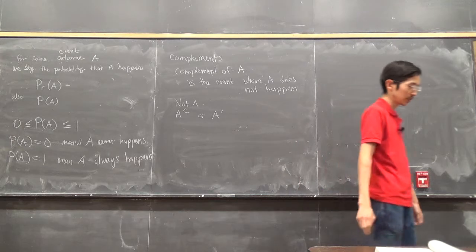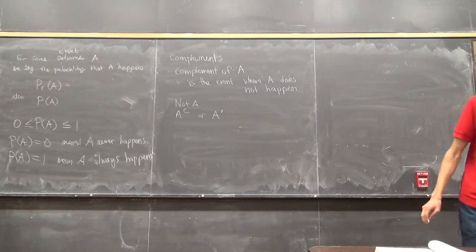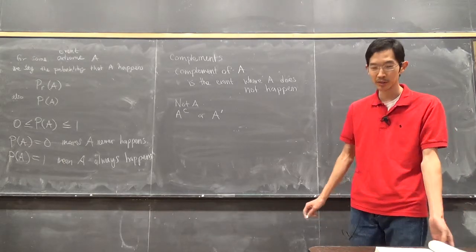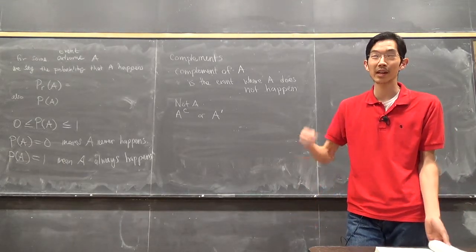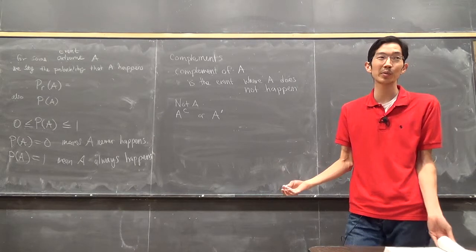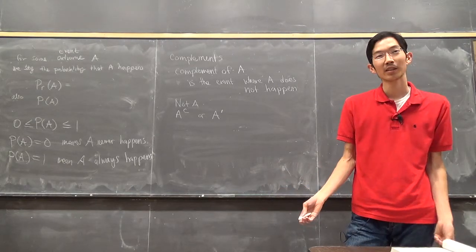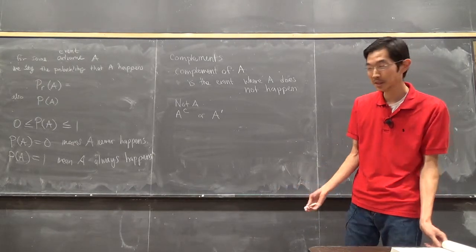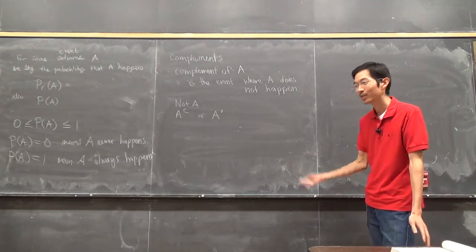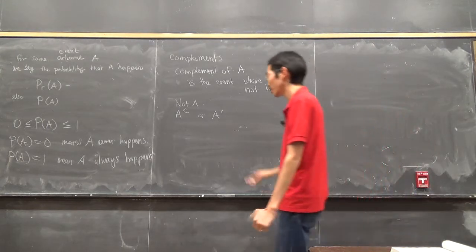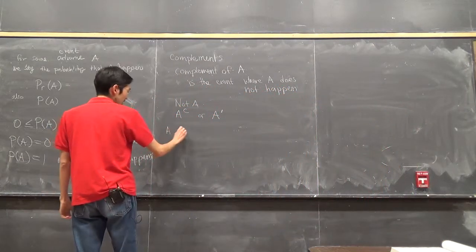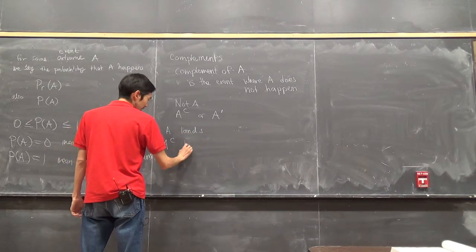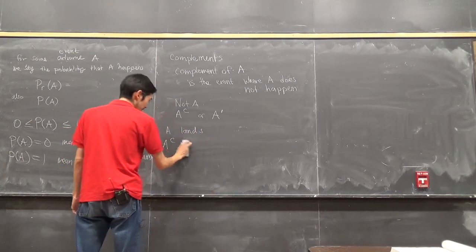So if A is the outcome that the coin lands heads, what would be the complement of A? The outcome is tails. You guys say tails, but it's actually not heads. So if A is lands heads, A complement is does not land heads.